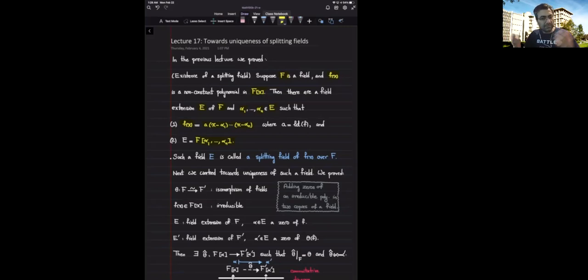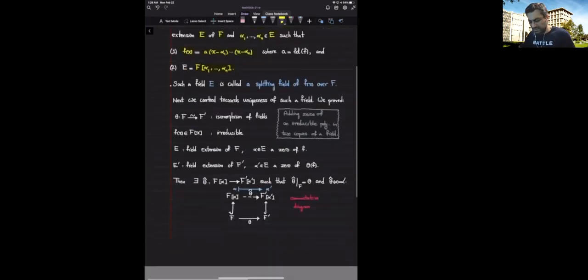And then we ask ourselves, what do we get after we add these zeros? And we showed that we get isomorphic fields, and in fact we get an isomorphism that's an extension of the original isomorphism. Okay, let me again remind you the formulation of the statement.